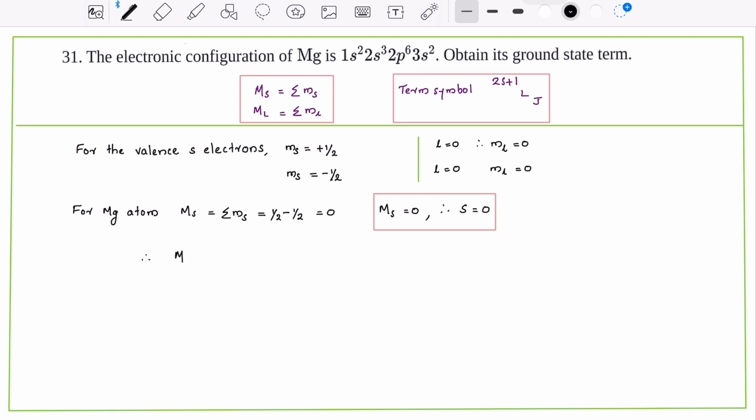For capital Ml, that is equal to sum over small ml, and that is equal to 0 plus 0, that is equal to 0. When capital Ml is equal to 0, it is evident that capital L is also 0, because capital Ml can take only 2L plus 1 values, and that value is 0 here. Now, what is J? J is equal to L plus S. Since L and S are 0, J is also equal to 0.